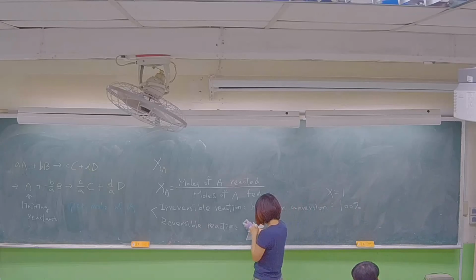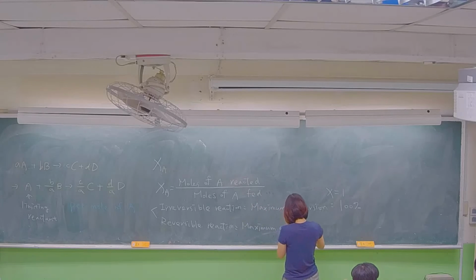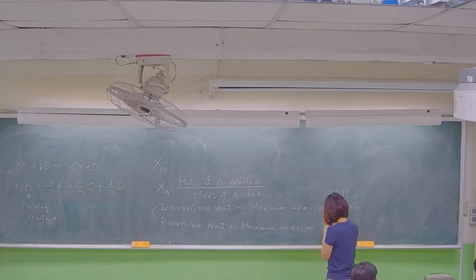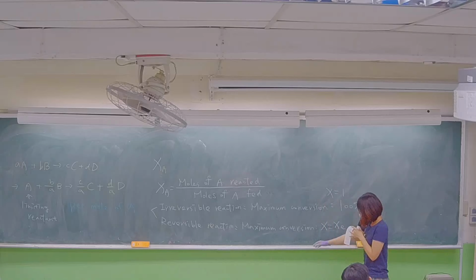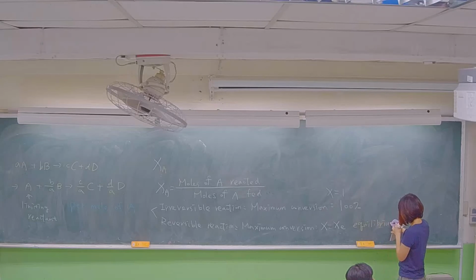So the maximum conversion for the reversible reaction, X, is equal to the equilibrium conversion. XE means equilibrium conversion. There should be a balance, right, finally at equilibrium.